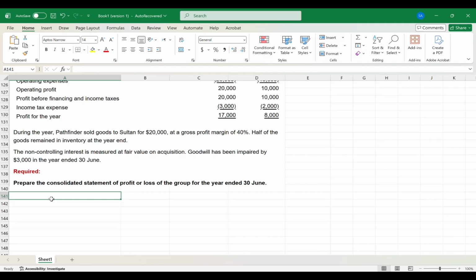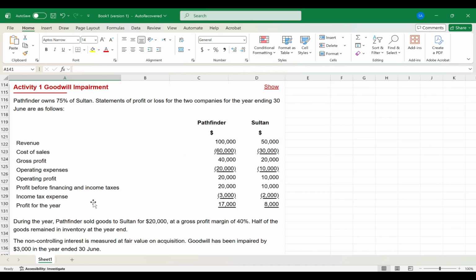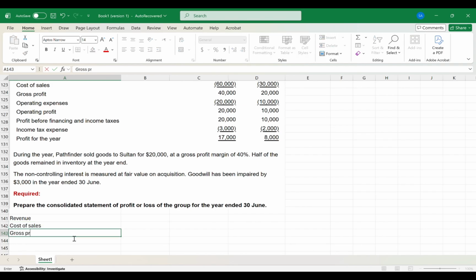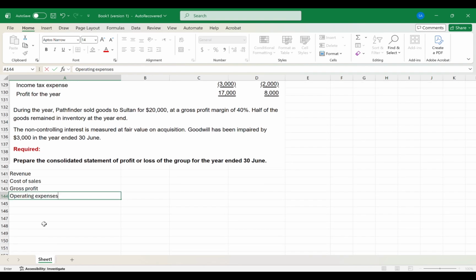So now let us start preparing the line items one by one, starting with the revenue. Then we have cost of sales, then we have the gross profit. Then we have the operating expenses. Then we have the goodwill impairment loss. Remember, before our operating profit, we deduct goodwill impairment loss.